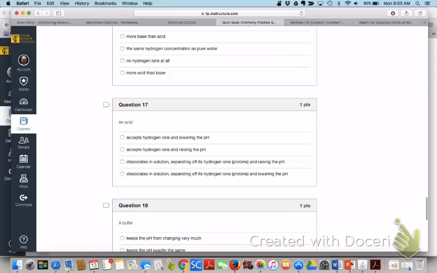More base than acid, that would definitely be basic, right? More acid than base, same hydrogen ion concentration as pure water. That is probably as close as we're going to get to a correct answer. In fact, it's neutral if the hydrogens equal the hydroxyl, the OH negative ions. Okay, next question.